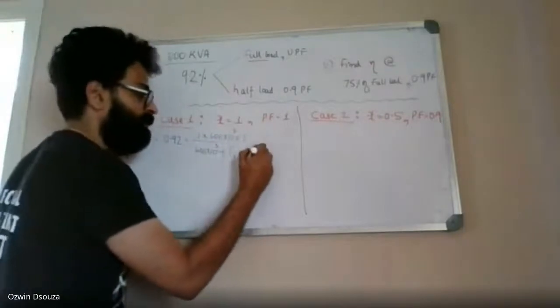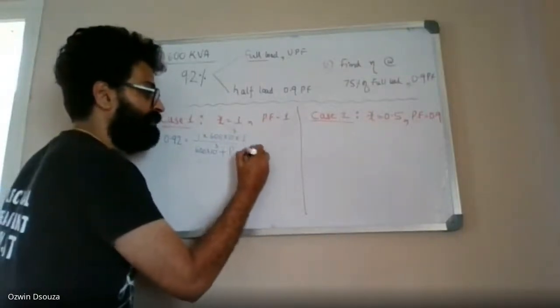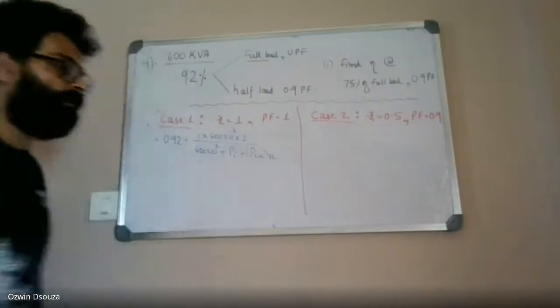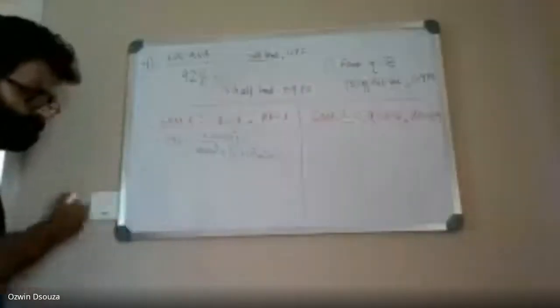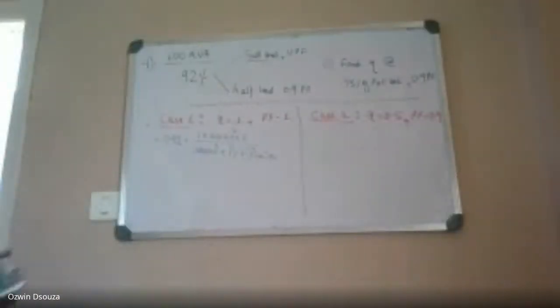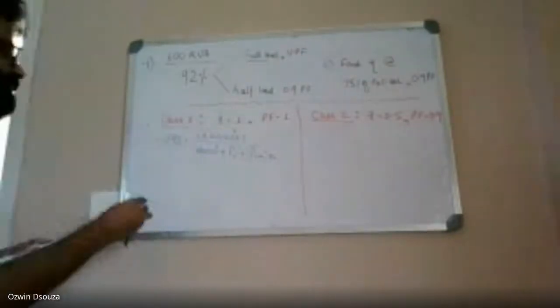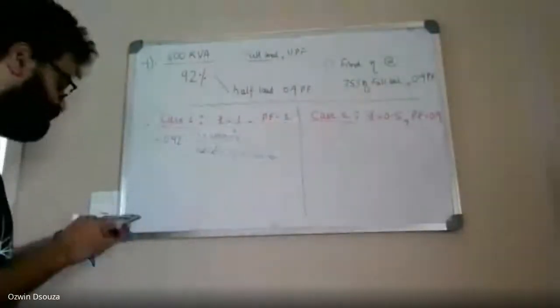So x is 1, hence you will get P_CU full load. So solve this particular equation. You cross multiply and you tell me what is P_i plus P_C.